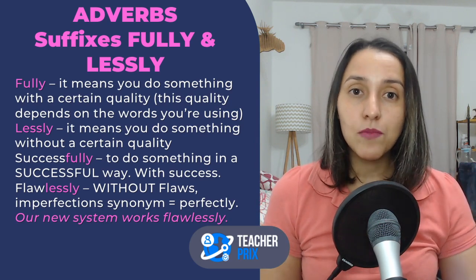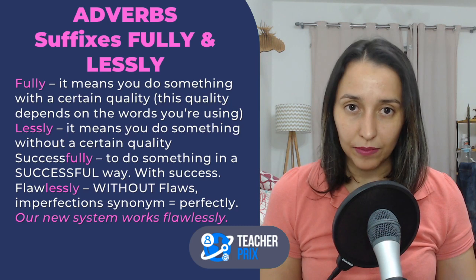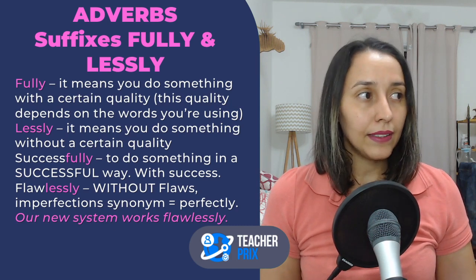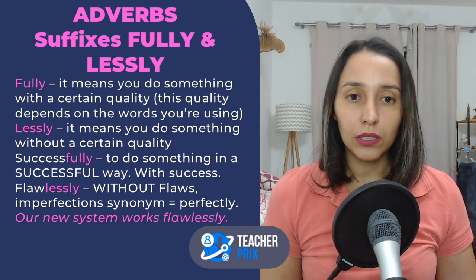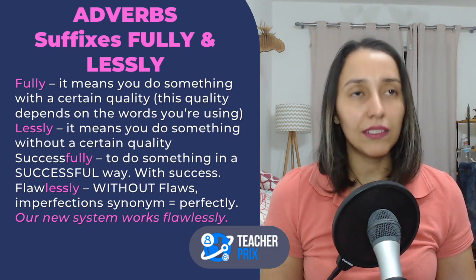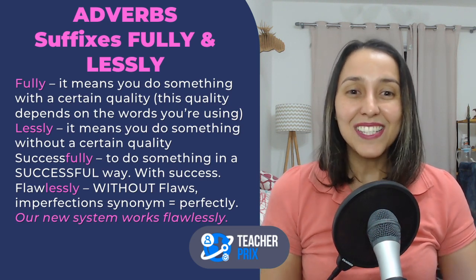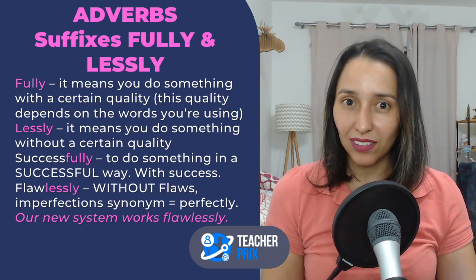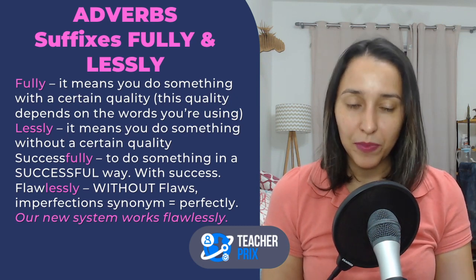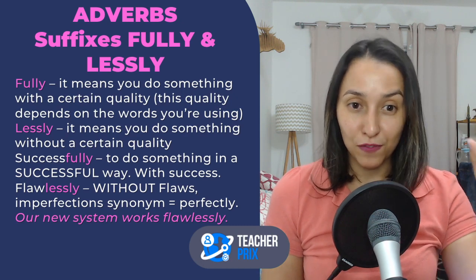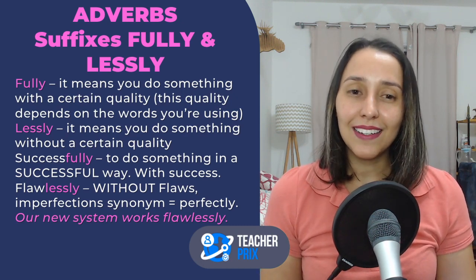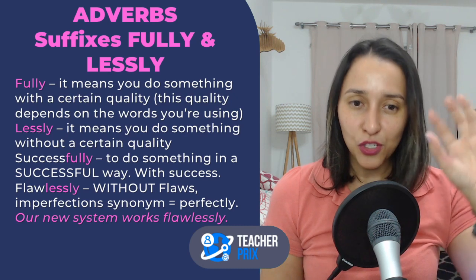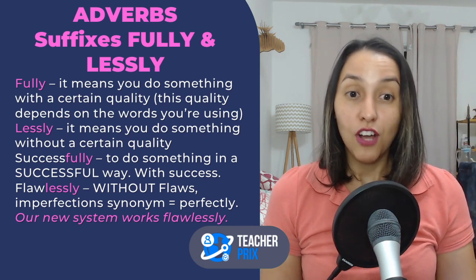But here I am describing an action. So I spoke successfully. So this could be a description of the way I spoke. Okay, I wanted to use the fully, but this is to help you better understand.